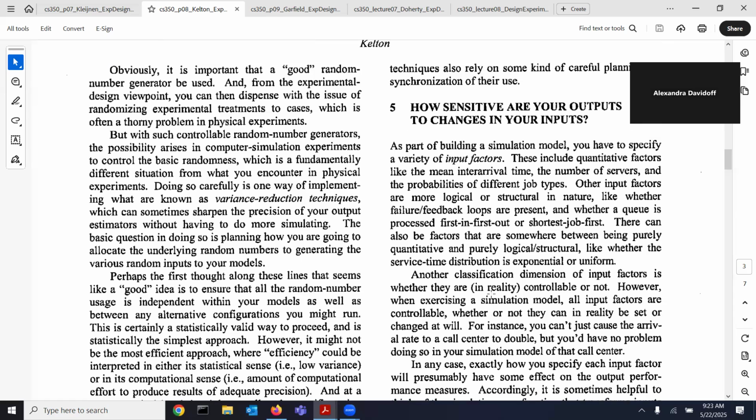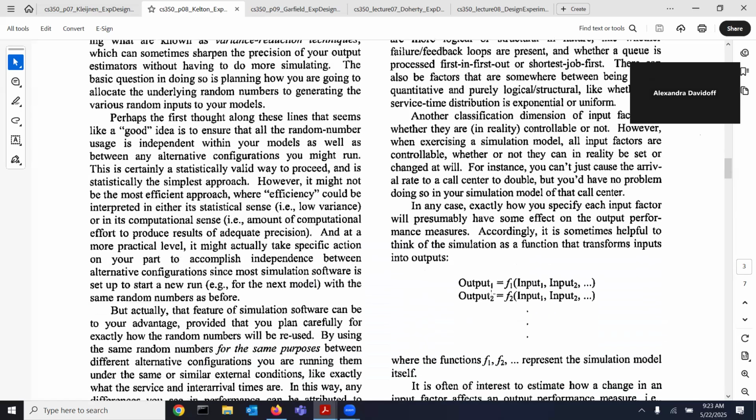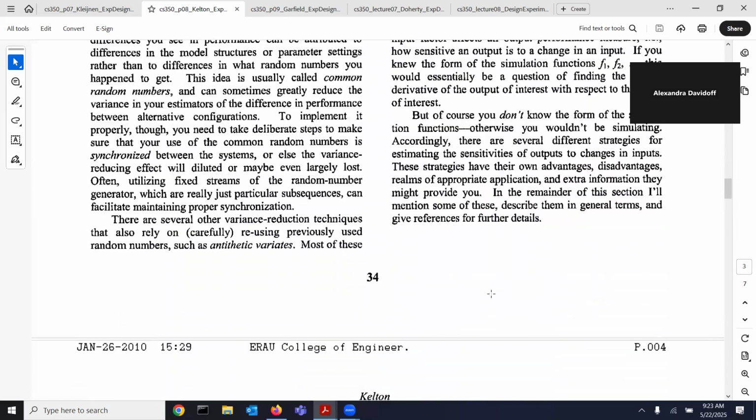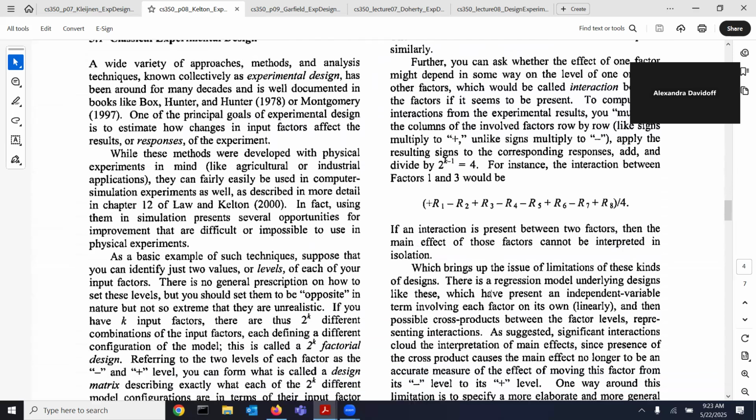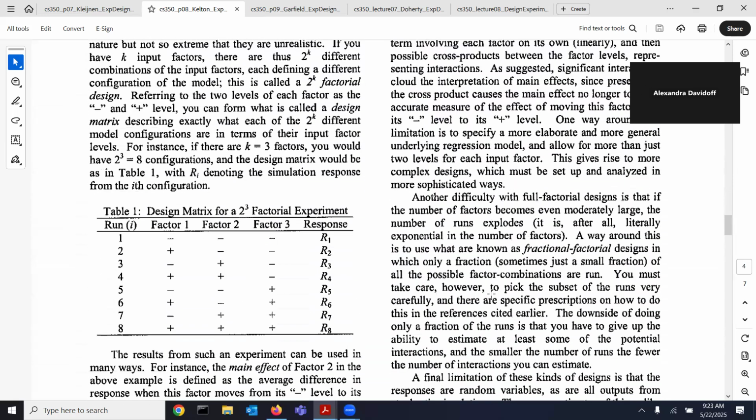How sensitive are your outputs to your inputs? If they're not that sensitive, it may not be very interesting to have them serve as an experimental variable. Okay, so classical experimental design is full factorial. And again, you take your variables and you arbitrarily assign a high value and arbitrarily assign a low value.